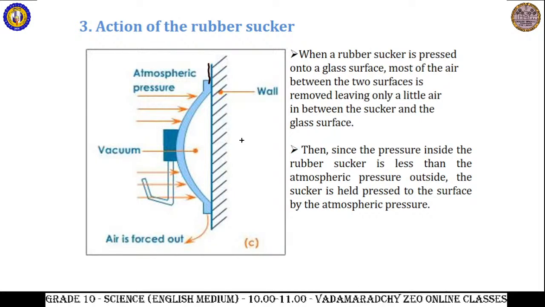So a vacuum will be created here. The pressure inside the vacuum is lower than the outside of this sucker. So the atmospheric pressure holds it pressed onto the surface. This is the third application of atmospheric pressure.